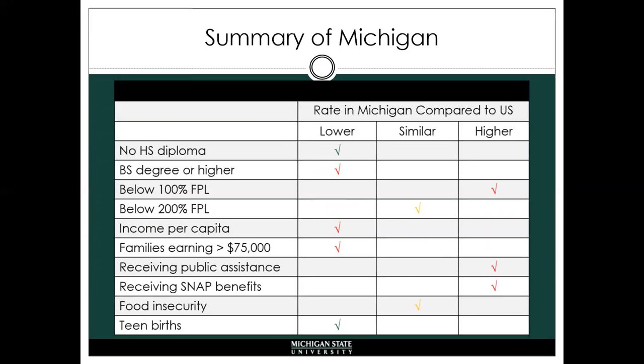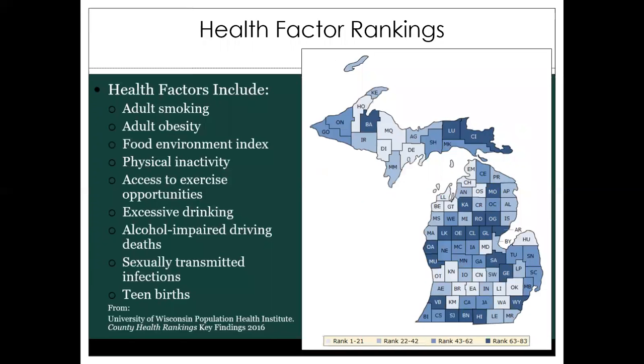So the next two slides we're going to look at are using data that comes from the health outcome rankings. These reports are done yearly by the University of Wisconsin, and they're looked at quite seriously as indicators of how counties are doing based on many different factors. This first chart, or first map, shows how counties are doing based on health factor rankings.